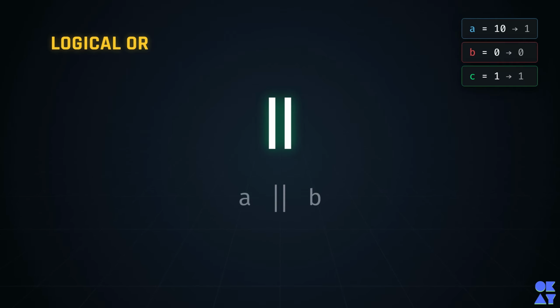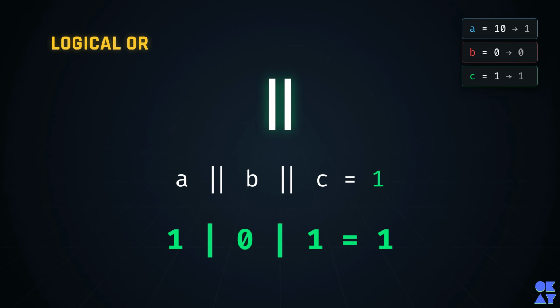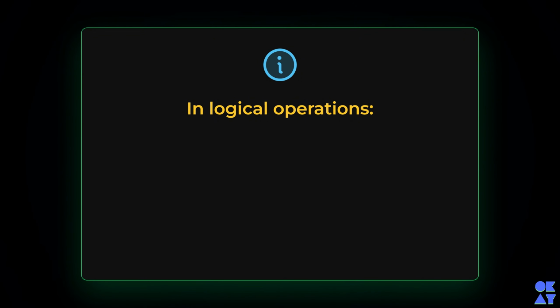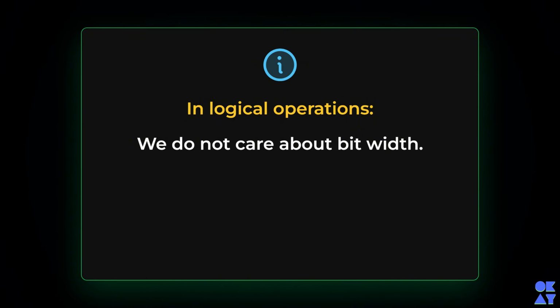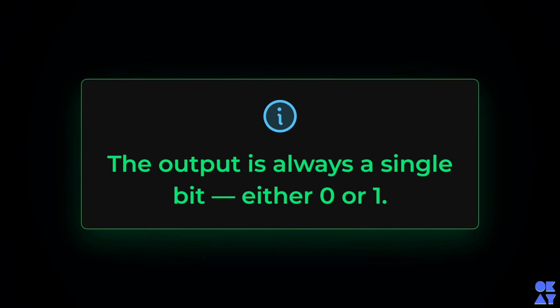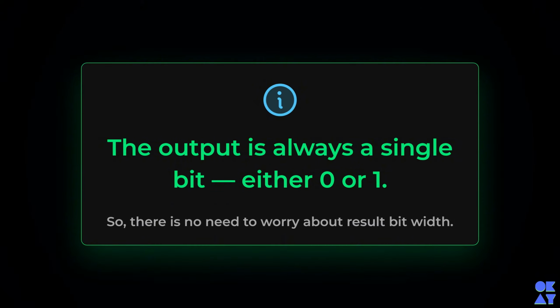Now, A || B || C. So 1 or 0 or 1 equals 1. In logical operations, we do not care about bit width. We only check whether the value is 0 or non-zero. And, most importantly, the output is always a single bit, either 1 or 0. So there is no need to worry about result bit width.